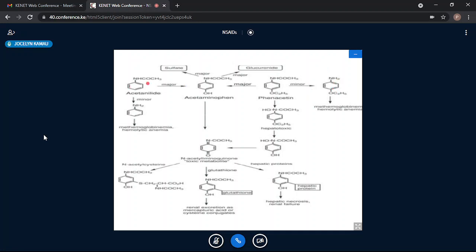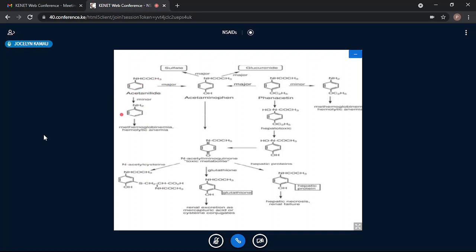Then also, we did mention acetanilide, and we did mention it is not a drug. It cannot be used as a drug because of its major toxicity. Acetanilide has just the acetylamide group there. It can be metabolized mainly to paracetamol, acetaminophen, through oxidative parahydroxylation.